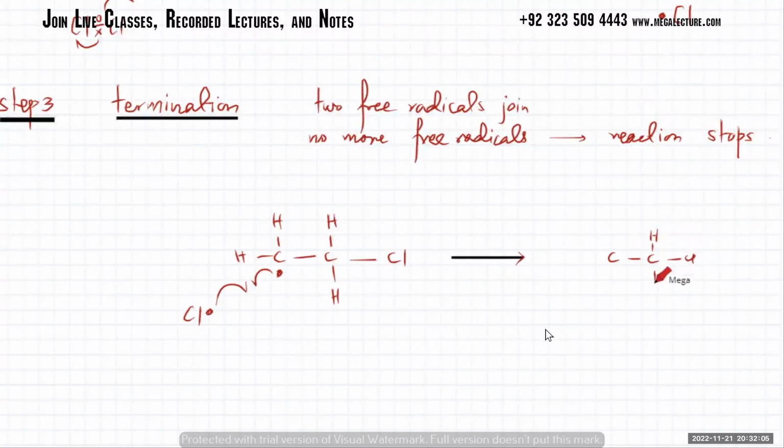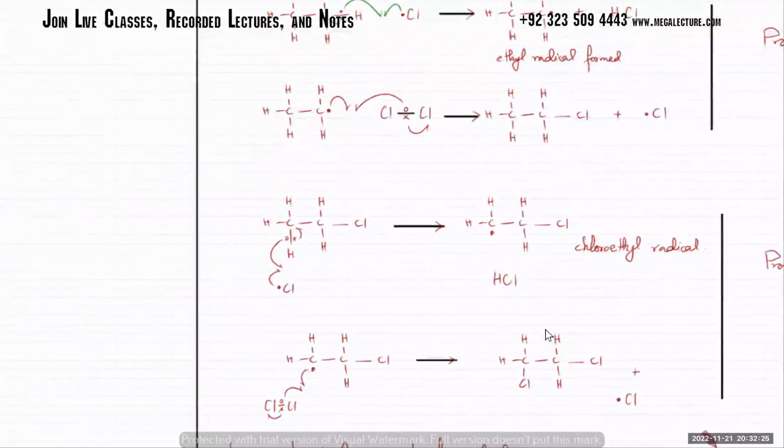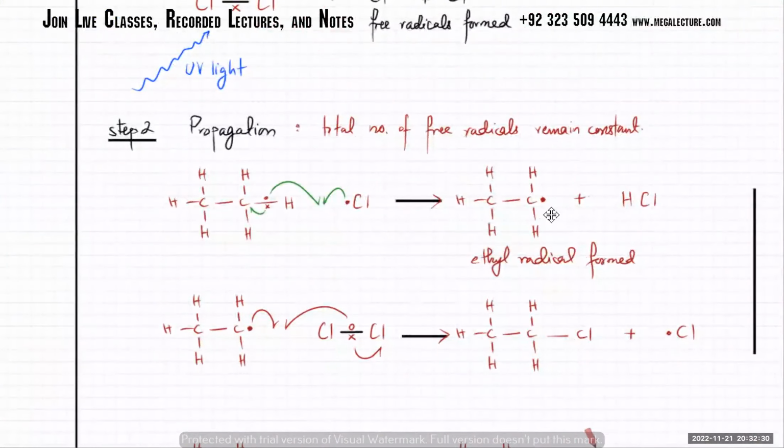There's a Cl, there's an H, and there's this H, there's a Cl. So two free radicals ended up joining with each other. So you don't even need the propagation step. What could happen at any point is, as soon as this free radical was produced, instead of attacking a chlorine molecule, it could have just gone and joined up with a Cl radical somewhere. So the reaction will stop immediately. You'll be out of free radicals.